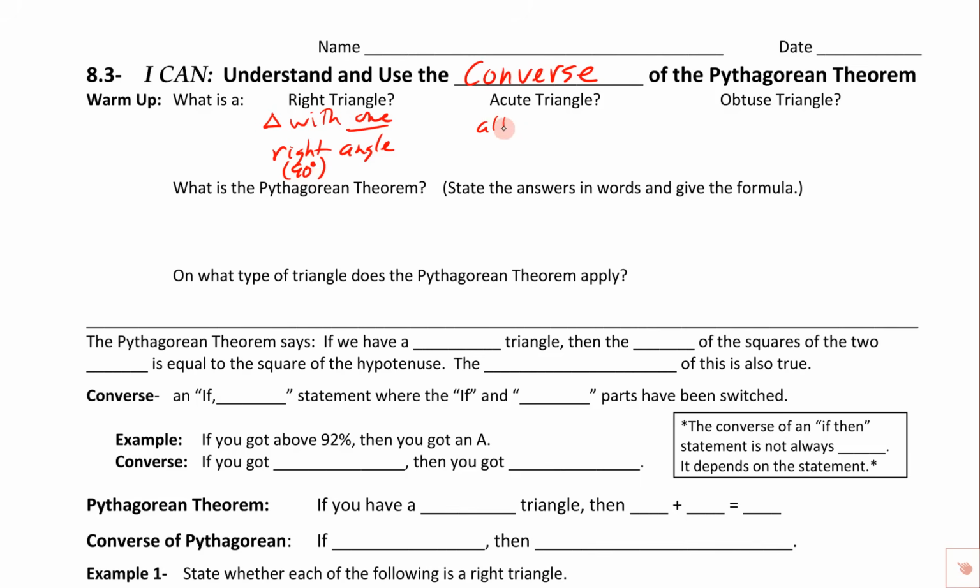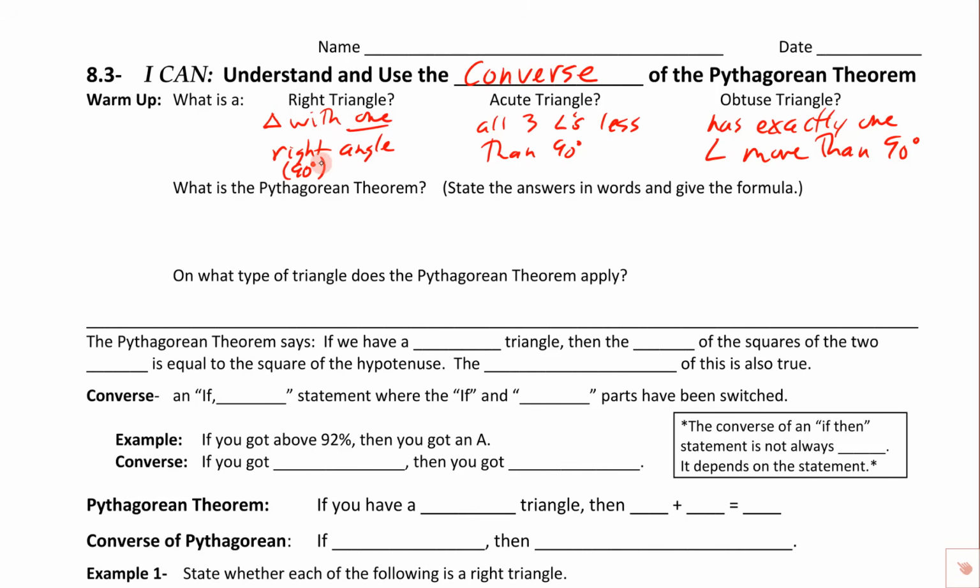Again, it's a triangle with all three angles less than 90 degrees. All right, and then the last one is obtuse, and an obtuse triangle has exactly one angle more than 90 degrees.